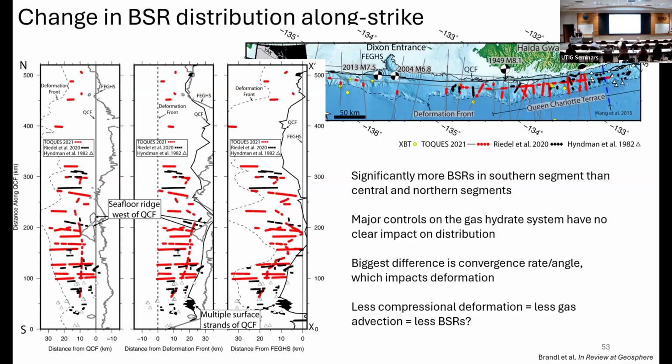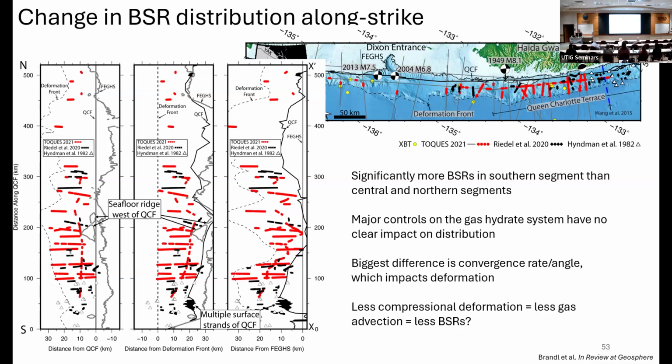And it seems like none of those structural controls really have a major control on BSR distribution. There's nowhere that these would effectively limit the BSRs to form along the plate boundary. So it doesn't seem like those have an impact. The biggest difference we see between the southern half of the study area and the northern half is the convergence rate, or the obliquity. As you can tell by the curvature of the plate boundary here, right about the center where we see this transition in BSRs represents this inflection point.